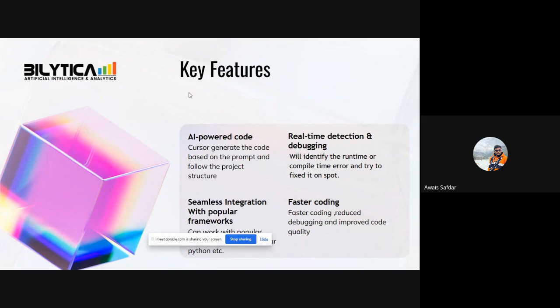There are four main features for why we use cursor. It's related to code generation as snippets, real-time detection of bugs, and seamless integration with our available frameworks. And also, it generates code faster than other tools and LLM models, because it knows our context before and after. That's why it generates more relevant code, and faster than other models.